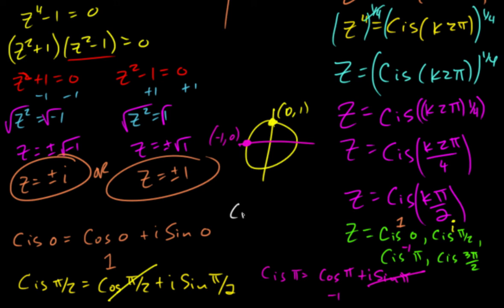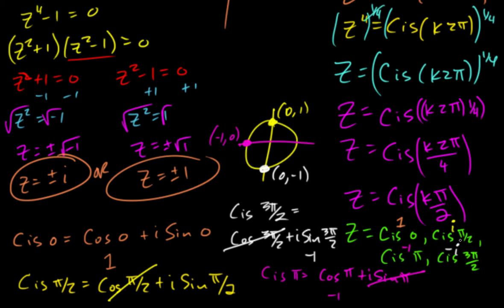And the last one is cis 3 pi halves, which is going to be cosine 3 pi halves plus I sine 3 pi halves, which is down here, which is 0, -1. So this goes to 0, this is -1. -1 times I is -I. And so we get 1, -1, I, -I, which is the same thing that we got through factorization.